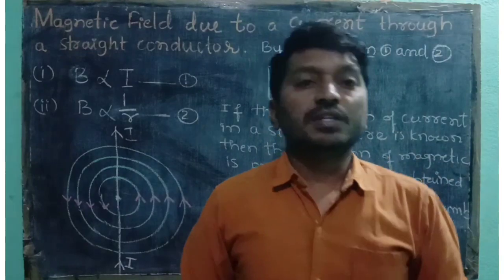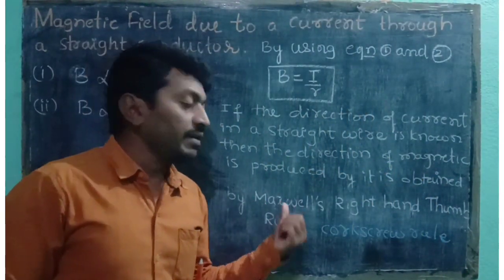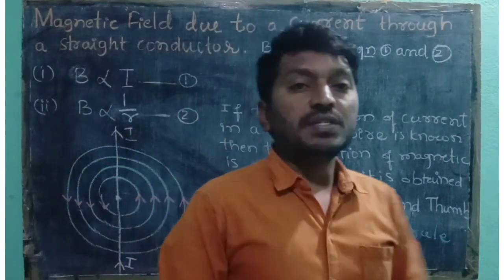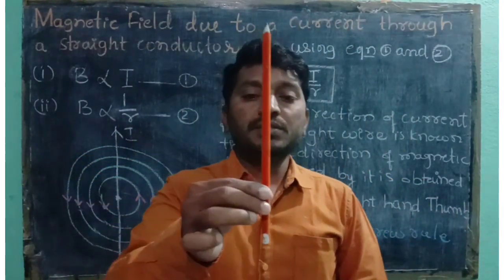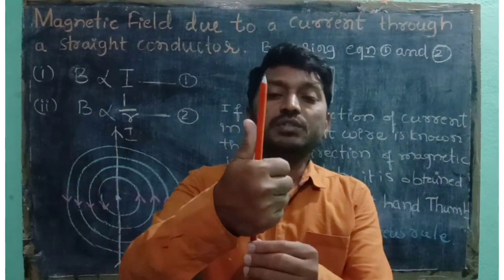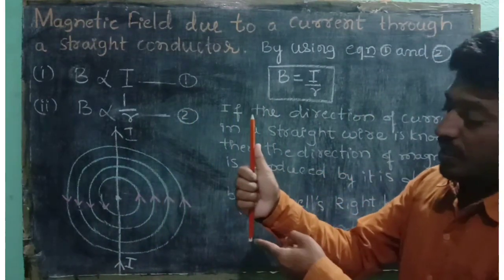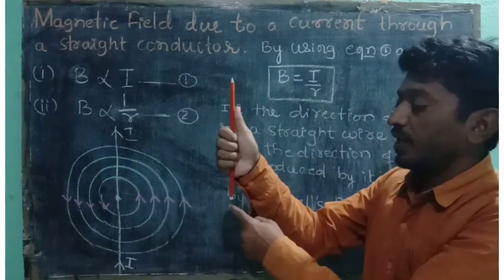Dear students, now what is Maxwell's right hand thumb rule? First, I will take a straight conductor. Now, I hold this in my right hand, right? Now, this is the conductor or the straight wire.